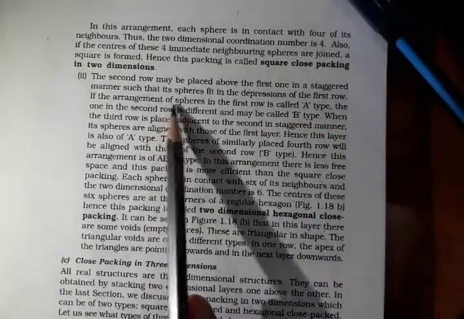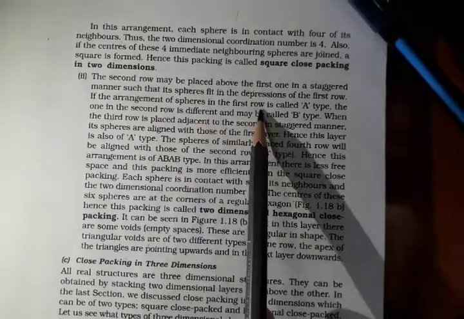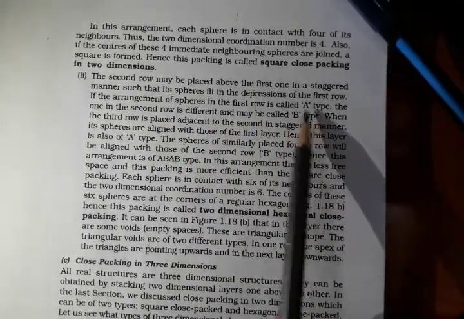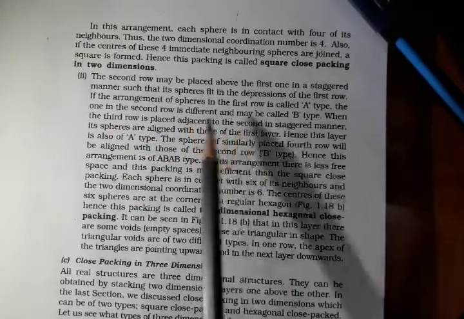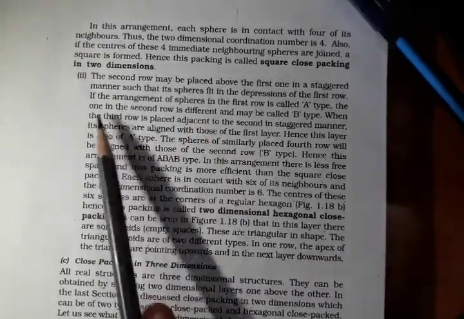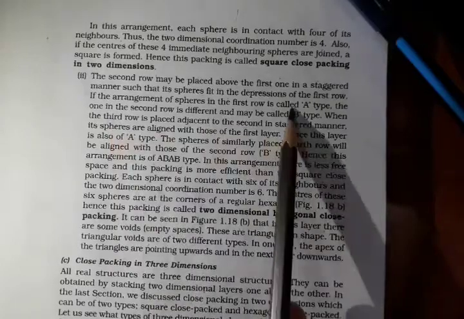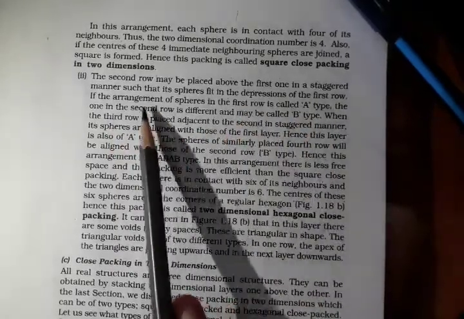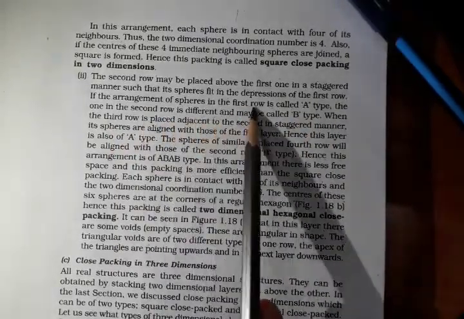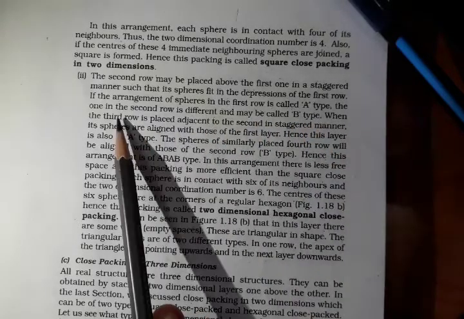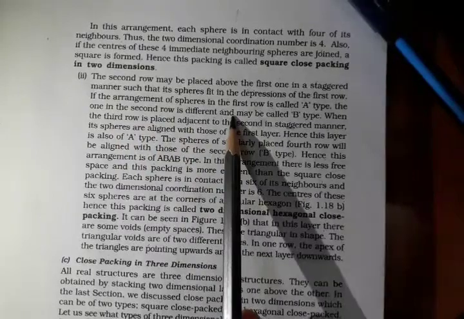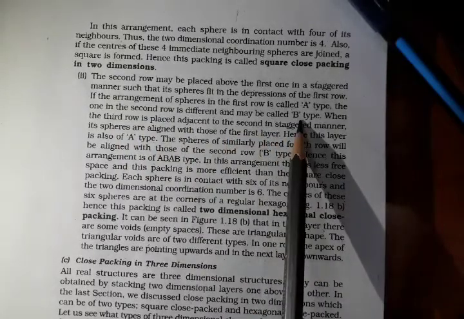If the arrangement of spheres in the first row is called A type, the one in the second row is different and may be called B type.